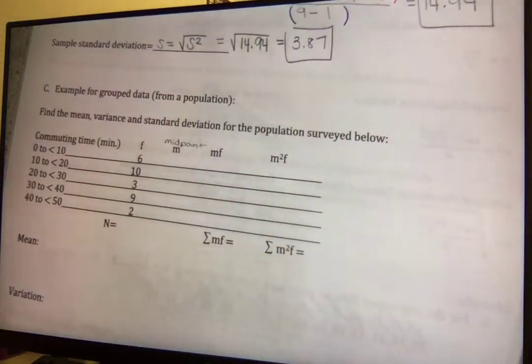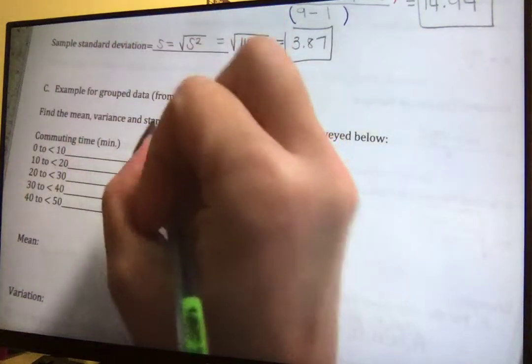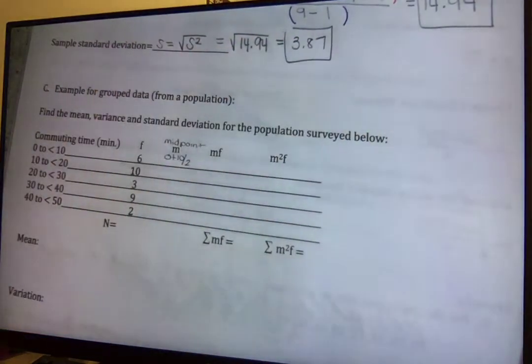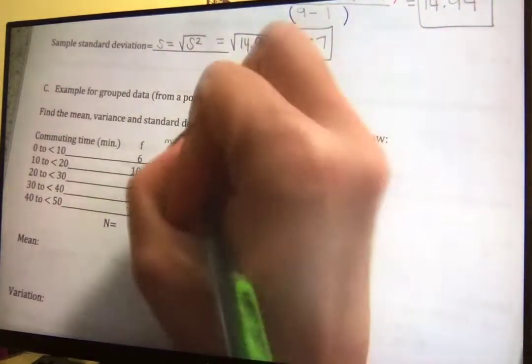To find the midpoint, remember we took the two lower limits and added them and found the middle. So 0 plus 10 divided by 2 gave us 5.